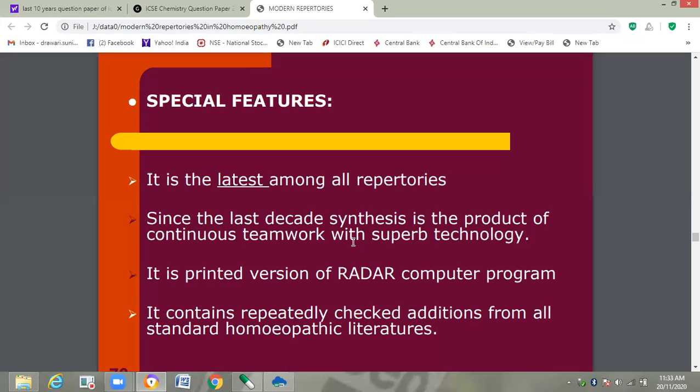In this edition, the ninth version, 9.1 version, we can find new chapters which were added. Three new chapters we can find in this version, that is neck, urinary organ, and male and female sex genitalia.